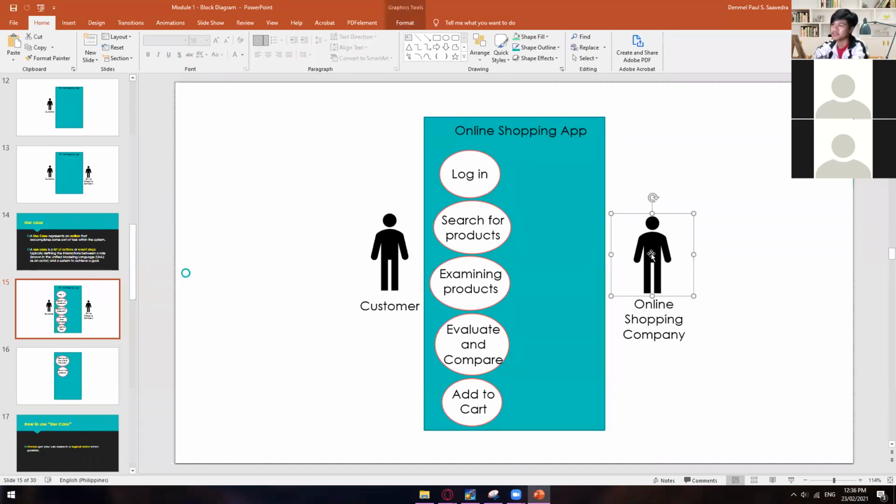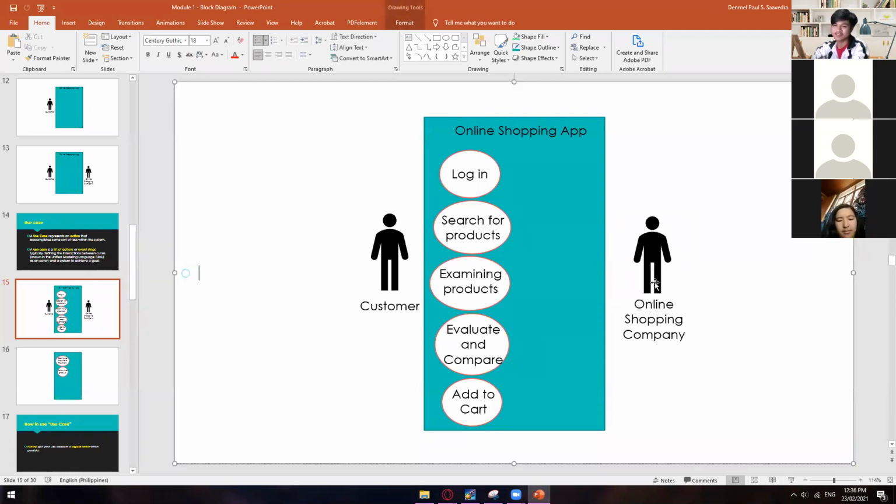Okay, like I mentioned, this one could be a company or another system. So this one is not just a person who managed that online shopping app. So again, this one could be a Lazada, which is a company. What else? Shopee, etc.